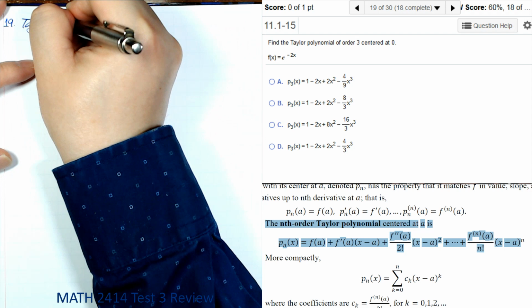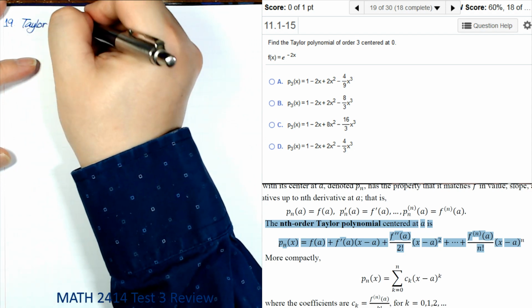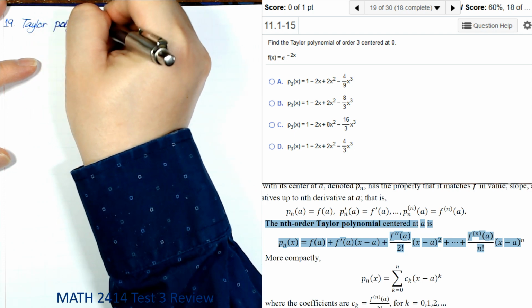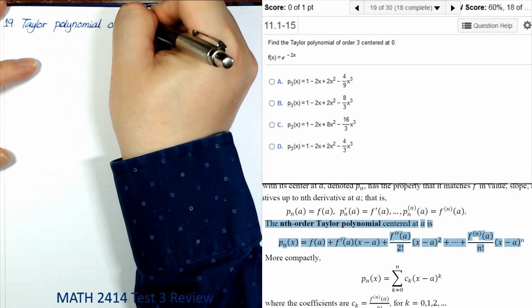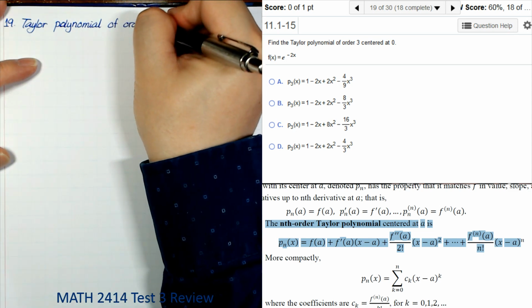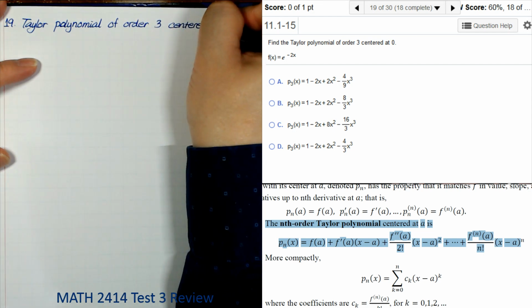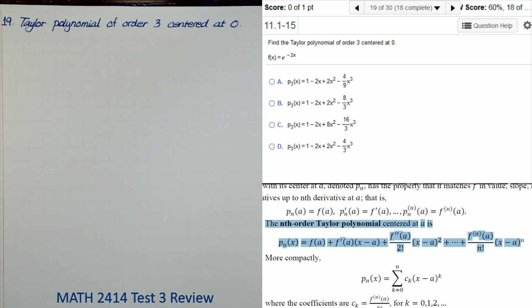Notice that in this section they call it Taylor polynomial. Later on we'll just say Taylor series, because the series usually implies that this goes indefinitely, but the polynomial, on the other hand, has finite terms.